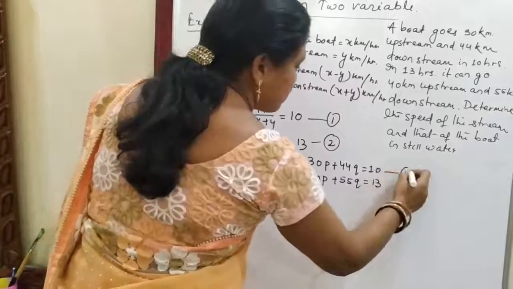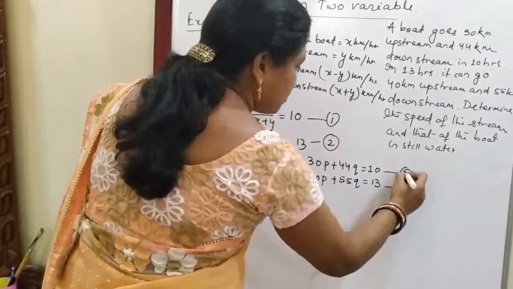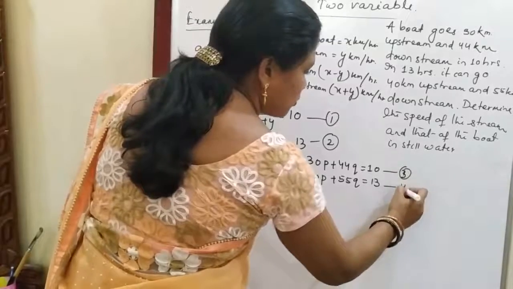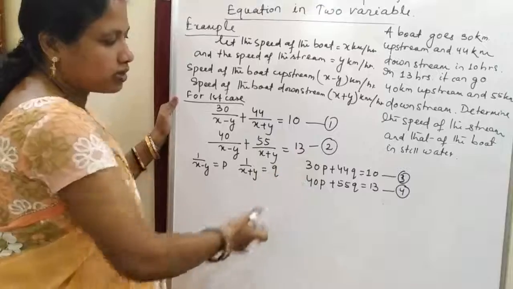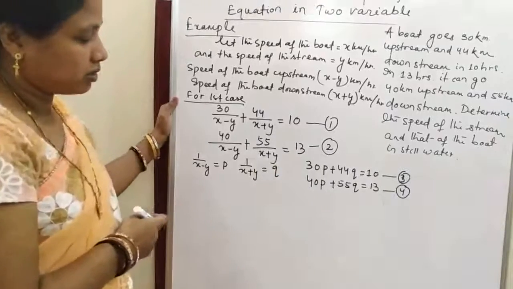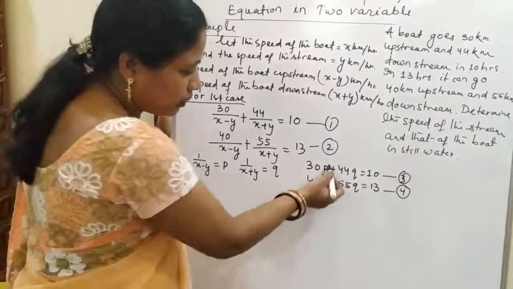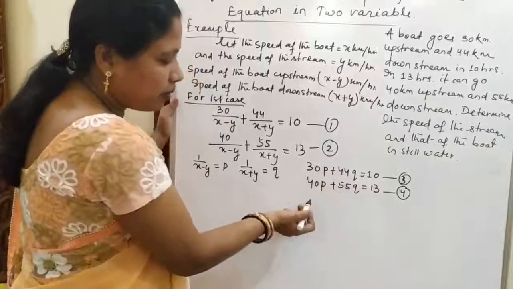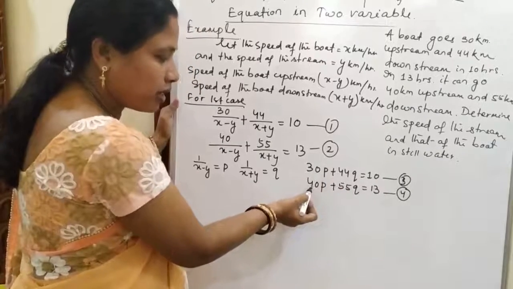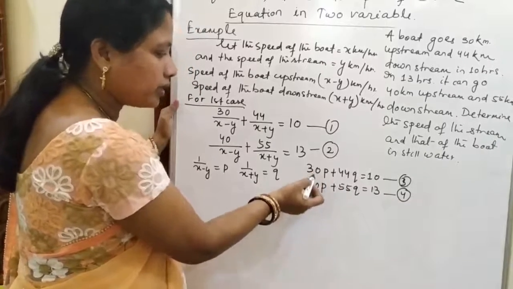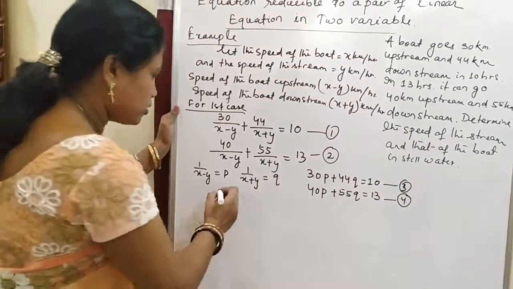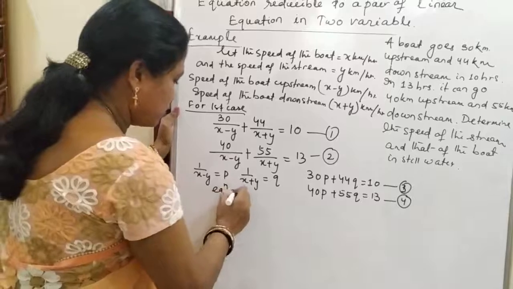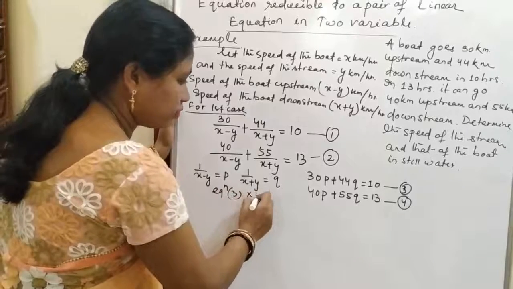So this is our third equation and this is fourth equation. Now we will solve these two equations by the method of elimination. Here I want to equate the coefficient of p. If I multiply equation 3 by 4 and equation 4 by 3, then the coefficient of p will be equal.